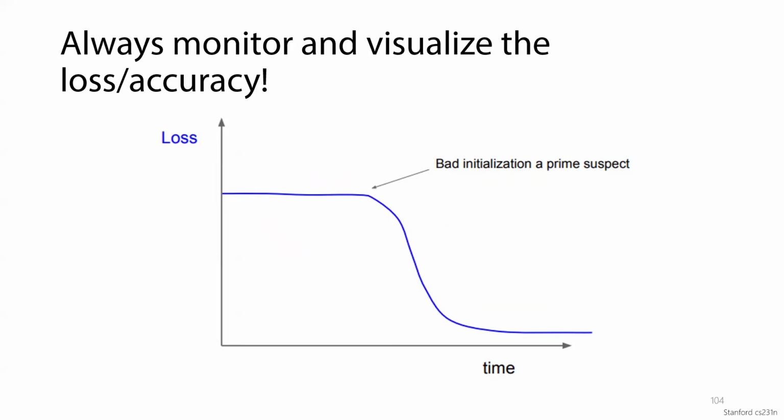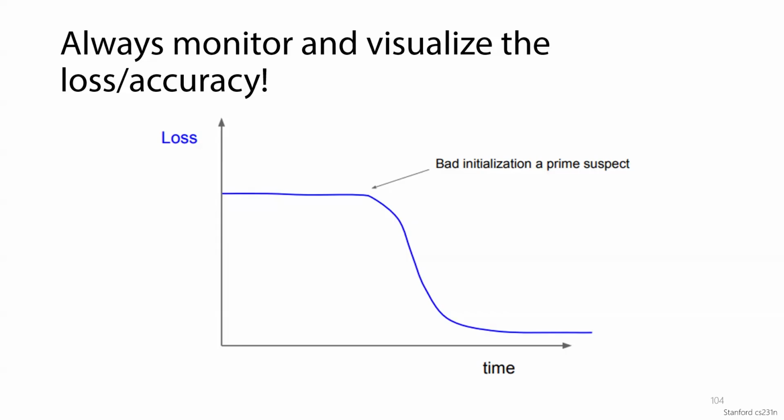Now, this is another very common situation that you may encounter as you train your model, which is that the loss function doesn't decrease at the beginning. And then, after many iterations, all of a sudden it starts to go down.